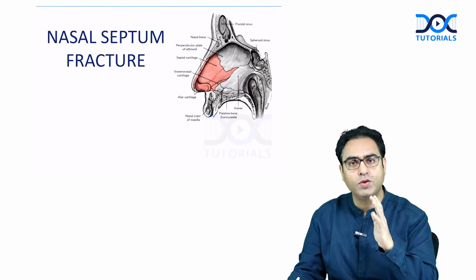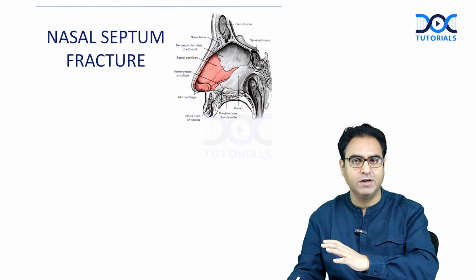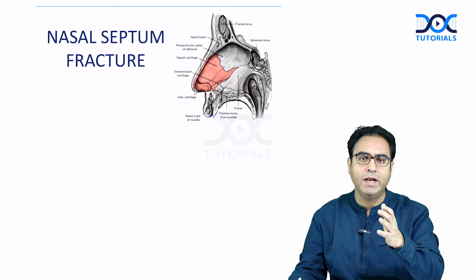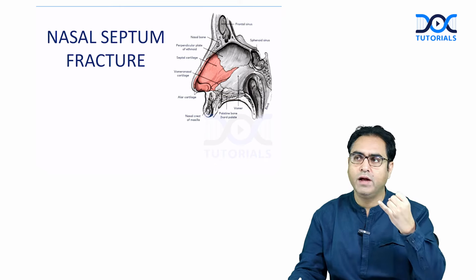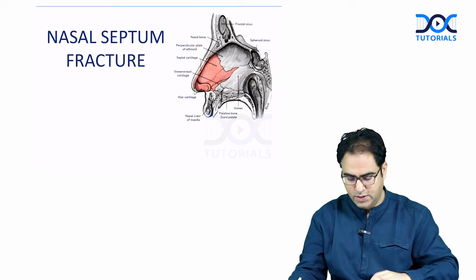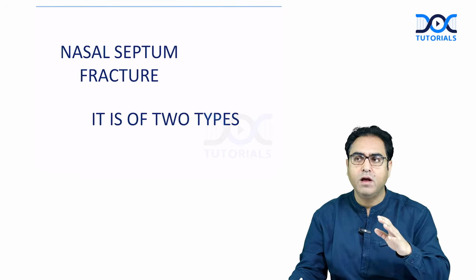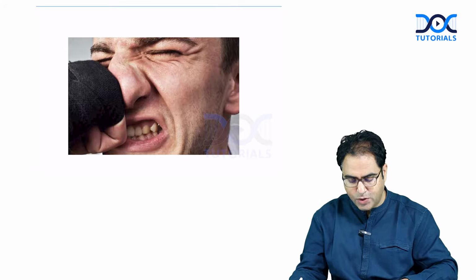My dear friends, let us go to the third topic of nasal trauma, nasal septum fracture. So nasal trauma can lead to nasal bone fracture, septal hematoma, and the third one is nasal septum fracture. Now, this fracture is of two types. It depends on how the injury happened to the nose. What was the direction of impact?